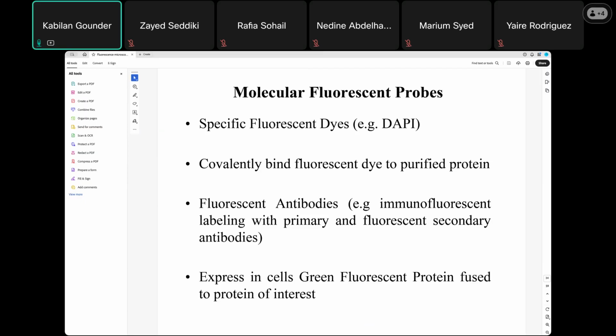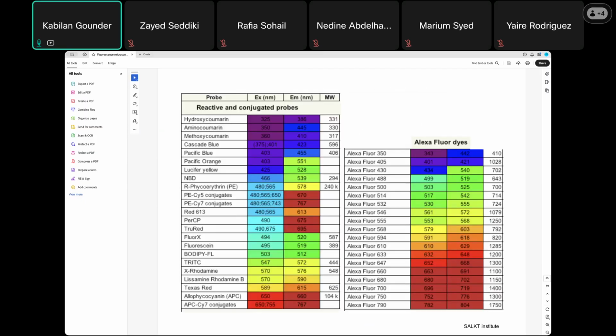Also you have different fluorophore dyes. Here you can see it all depends on the excitation and the filter, and you can see different colors. Here: Texas red, rhodamine, TRITC, fluorescein, fluorex, true red, and hydroxycoumarin.